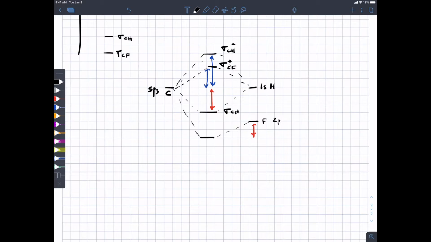But it's also fine if you don't want to go through all of that to just say, okay, well, here's where carbon-hydrogen sigma and sigma star are. Replacing hydrogen with fluorine, which is more electronegative, pulls both of those down in energy.